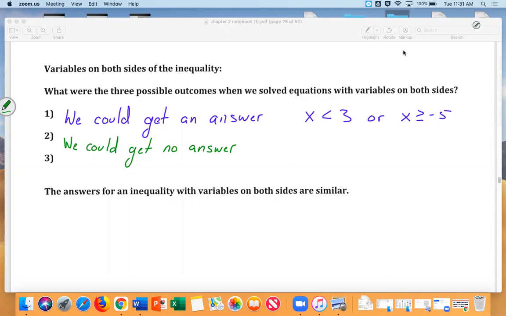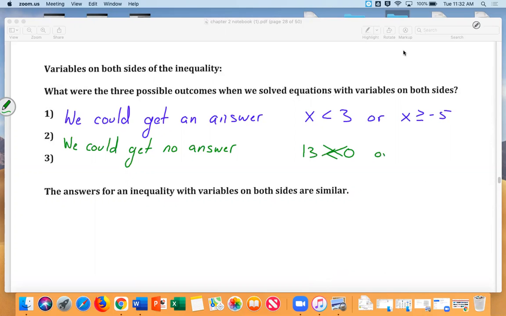And in this case, with inequalities, we will get something like this. 13 is, let's say, less than, let's go with a nice easy number, 0. Now 13 is not less than 0. This is false. So that's why we would get no solution.